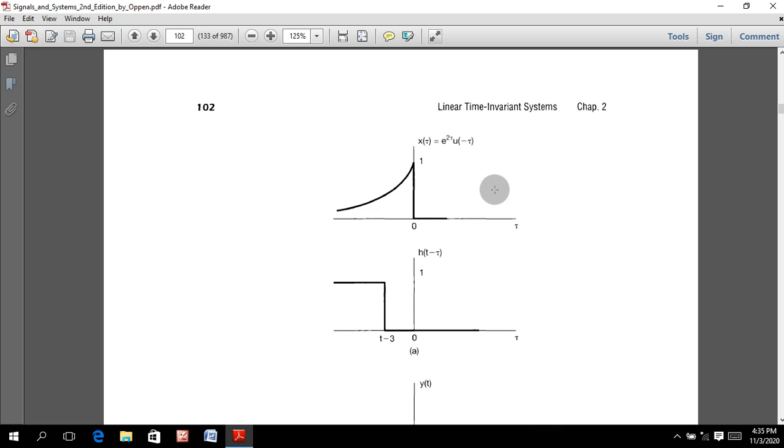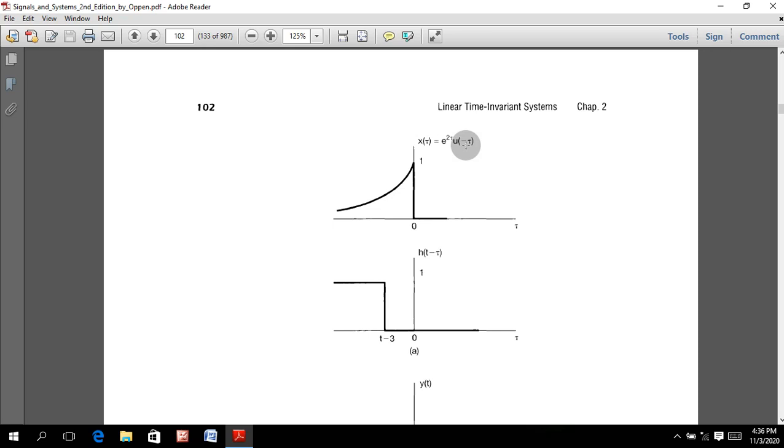Now instead of using 1, 2, 3, suppose we use minus 1, minus 2, minus 3. What will we find? We will find a value which is a non-zero element. Suppose you put minus 1 in place of t, what will we have? We have u function of 1. Now, we have already discussed several times what a step signal is.